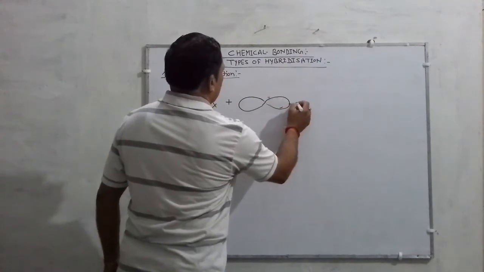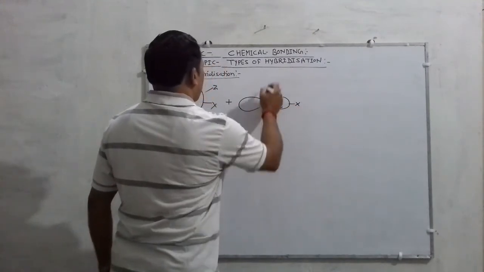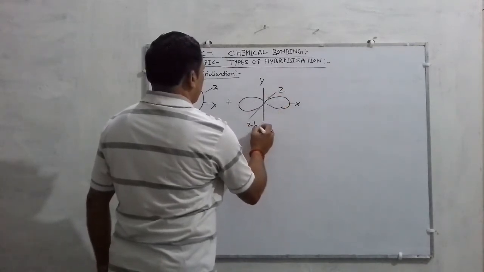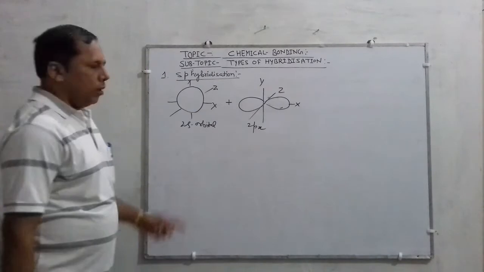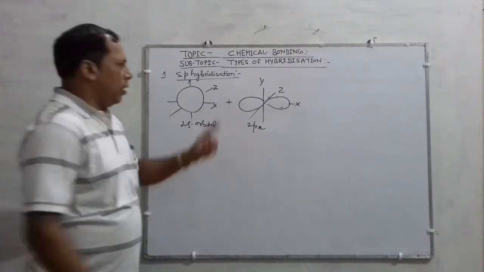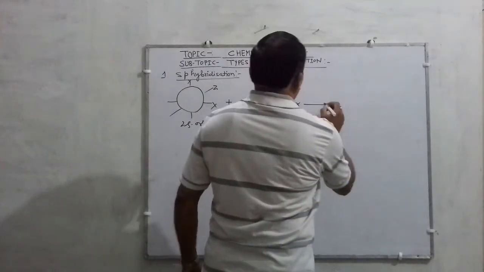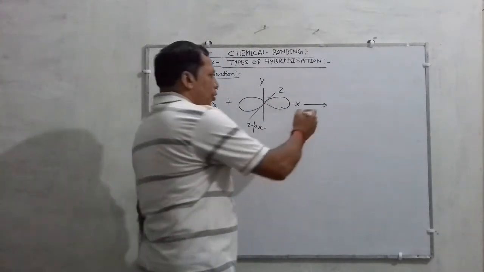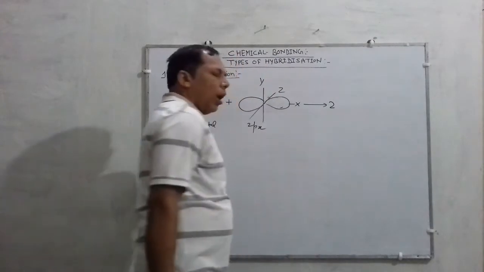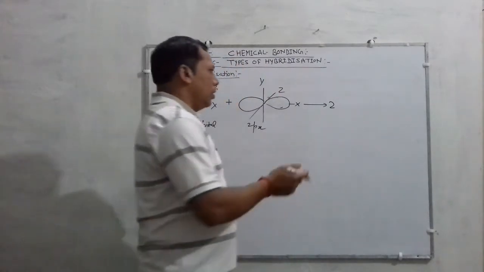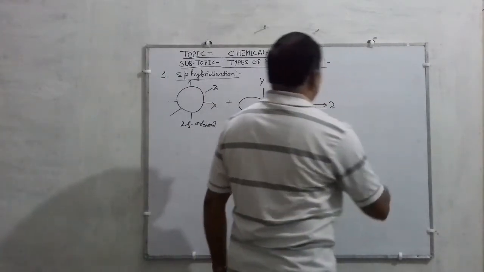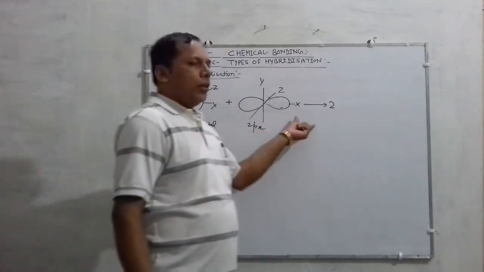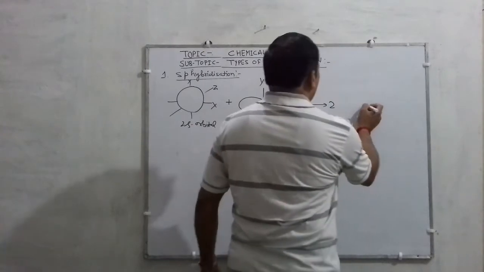So x-axis, y-axis and z-axis. So suppose this is 2px orbital. So 1s and 1p get mixed together. Then two new hybrid orbitals are formed, and such formed hybrid orbitals are called sp hybrid orbitals, and the phenomenon is called sp hybridization, and this forms as such.